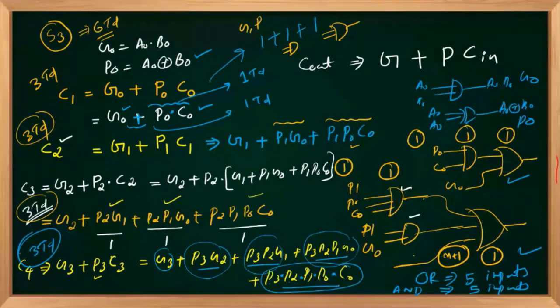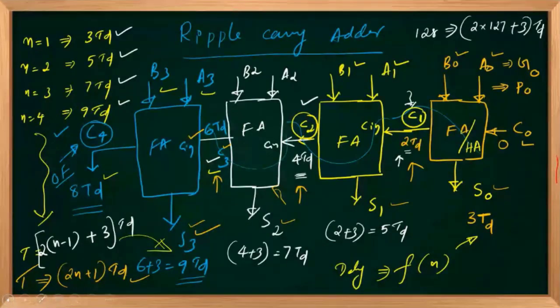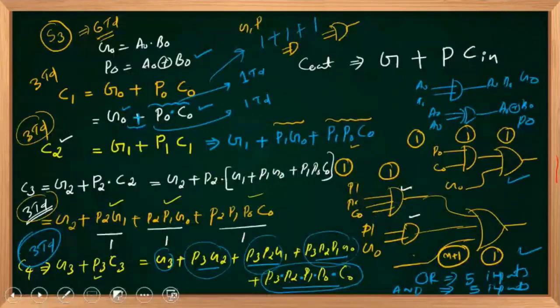But for S0, we require only 3 time delays because C0 is readily available. So from S1 onwards, we require 3 plus 3, 6 time delays. It's independent of the number of digits.